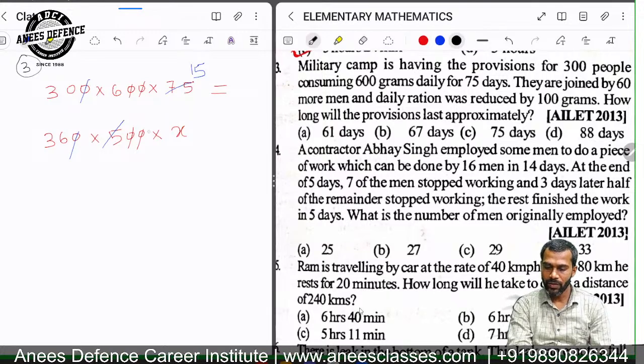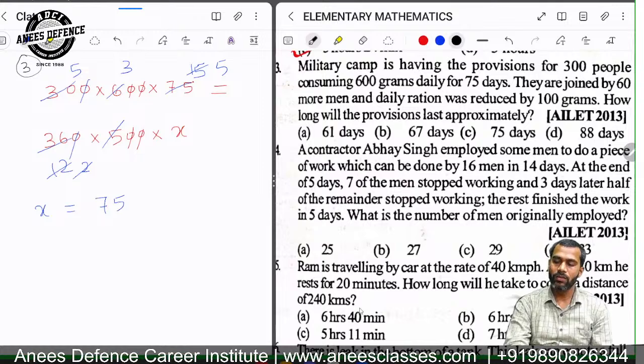And here we have 3 5s are 15, 6 5s are 30, and 6 2s are 12. Yes or no? So if you multiply 5 into 3 into 5, the answer is 75 days. Yes or no?